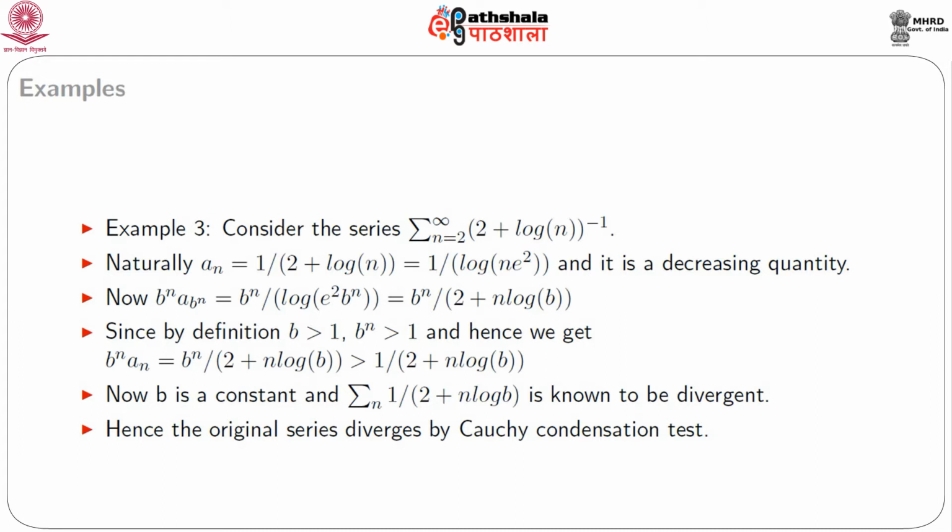Since by definition b is greater than 1, b to the power n is also greater than 1, and hence b to the power n times a_(b to the power n) exceeds 1 by (2 plus n log b). Now, b is a constant and summation 1 by (2 plus n log b) is known to be divergent. Hence, the original series diverges by Cauchy condensation test.